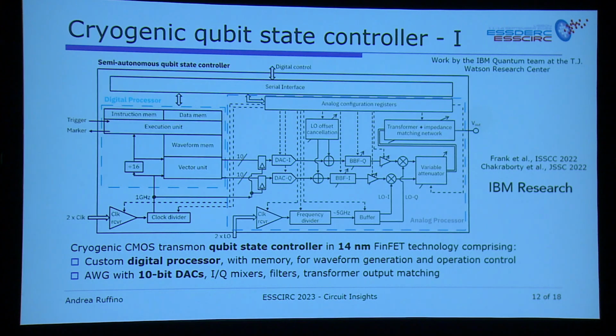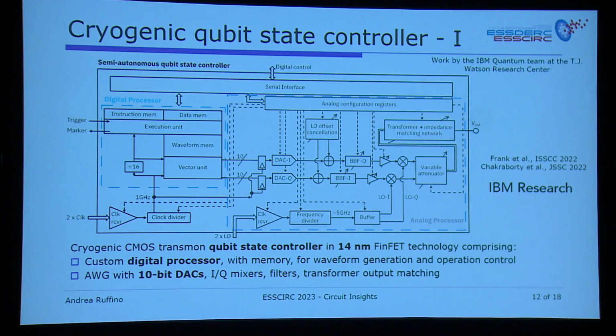Then I think the most significant work that was designed in the group is this cryogenic qubit state controller, which is fundamentally speaking a large complex circuit, which is a cryogenic AWG.